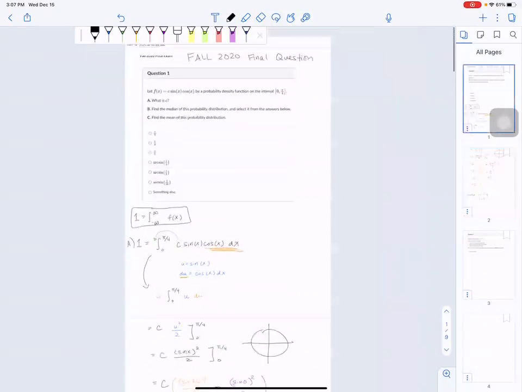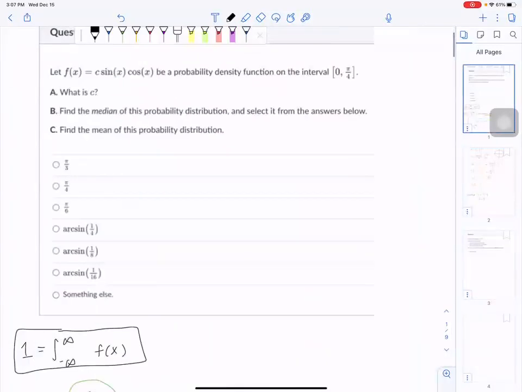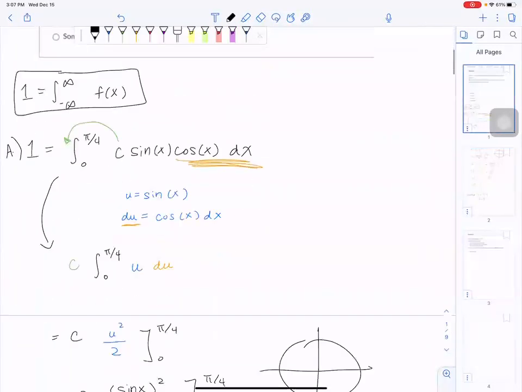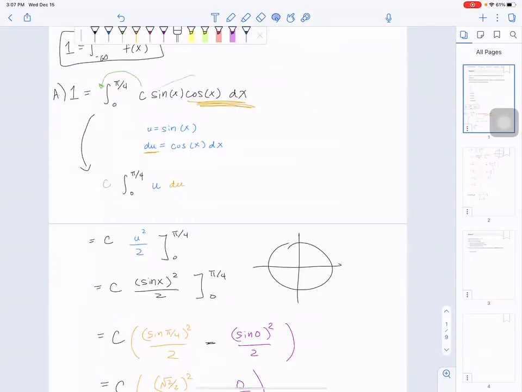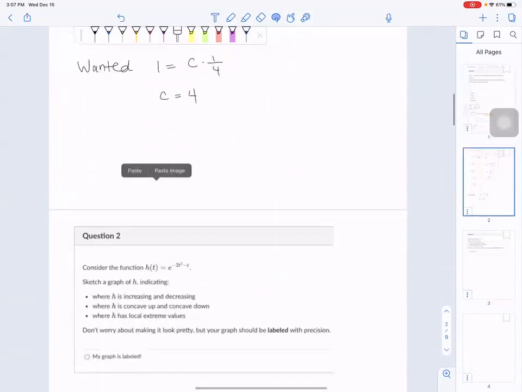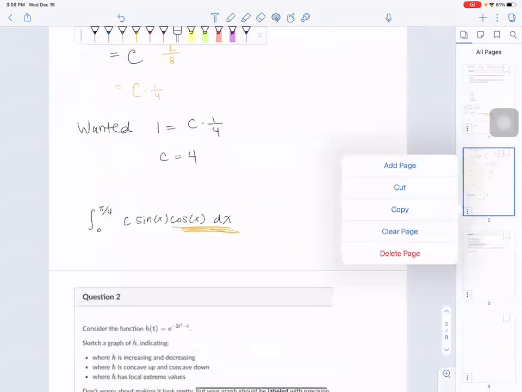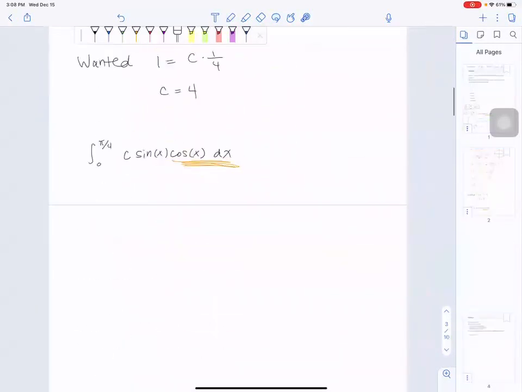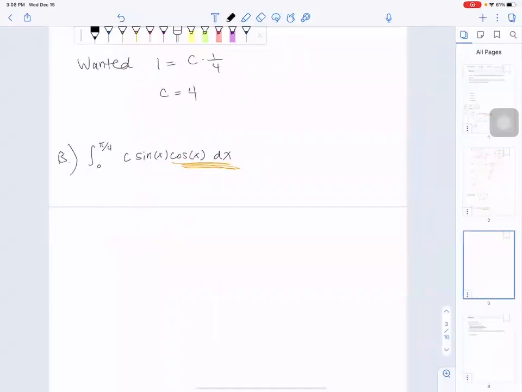Okay, part B. Part B is asking, find the median of this probability distribution. Okay, so remember our whole distribution from part A, we had this whole thing from 0 to pi over 4 of our function. But right now we're finding the median.